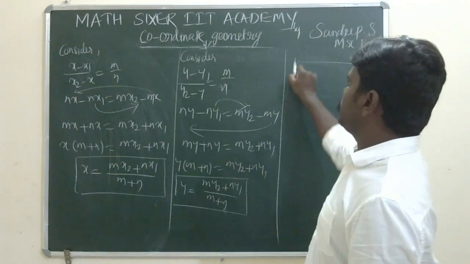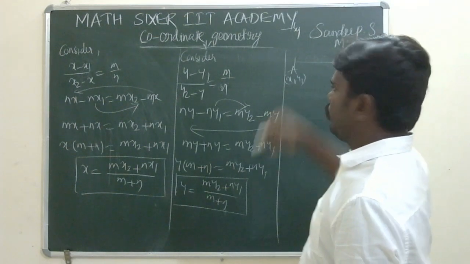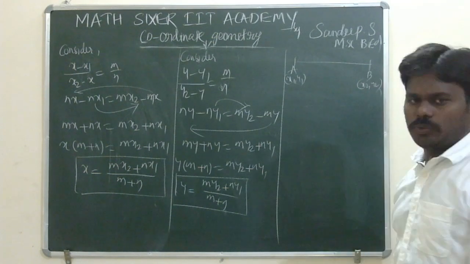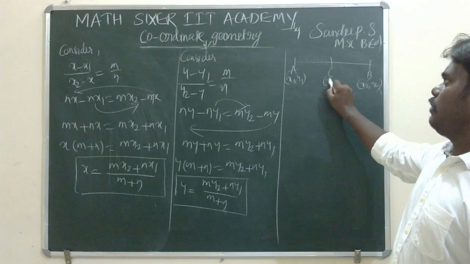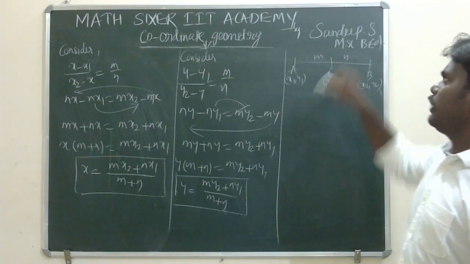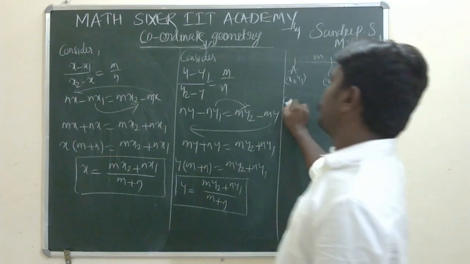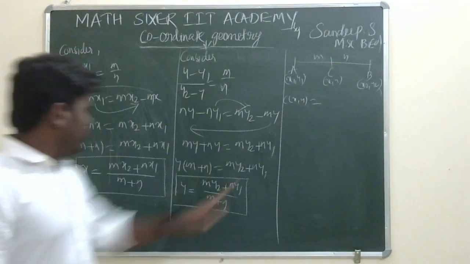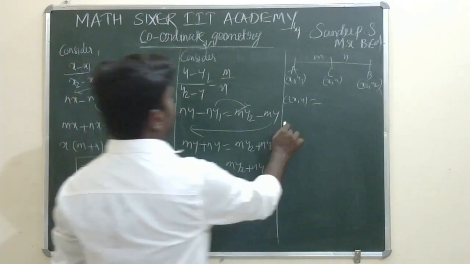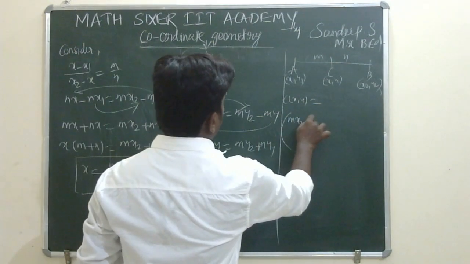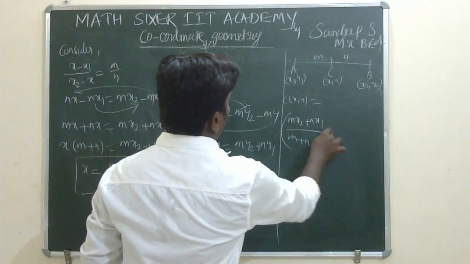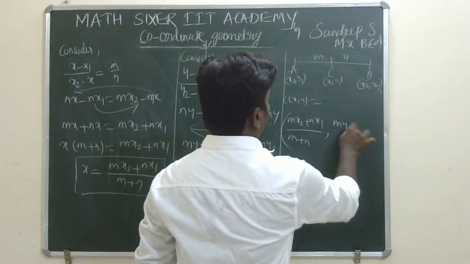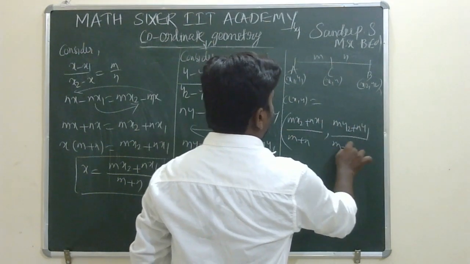Okay, so that means when we have two points of the line segment, A (x1, y1) and B (x2, y2), and if C (x, y) divides AB in the ratio m is to n, then C (x, y) is equal to: x, what we have found, is (mx2 plus nx1) by (m plus n), comma, y is (my2 plus ny1) by (m plus n).